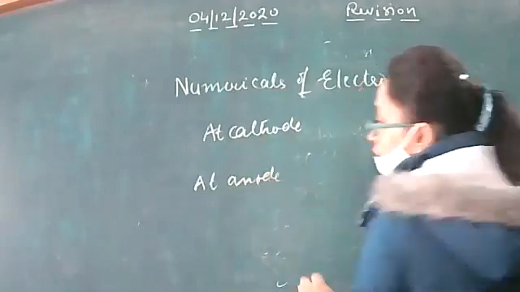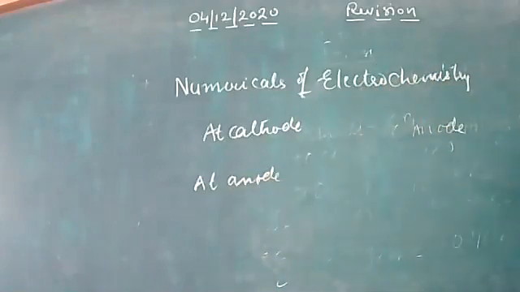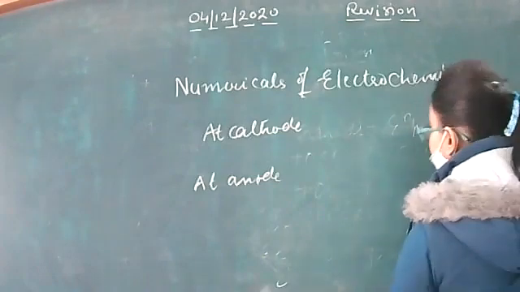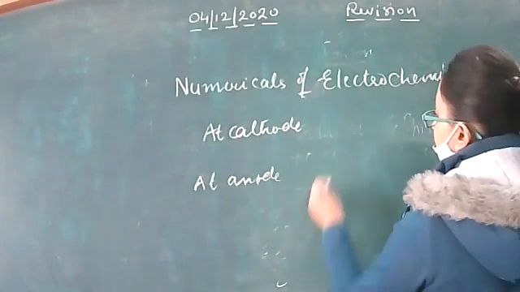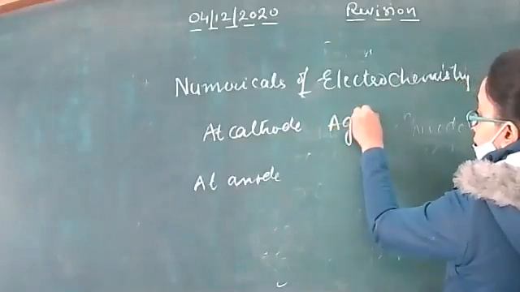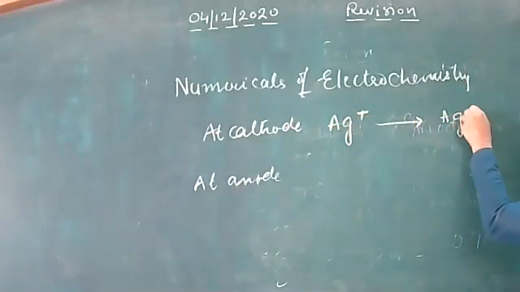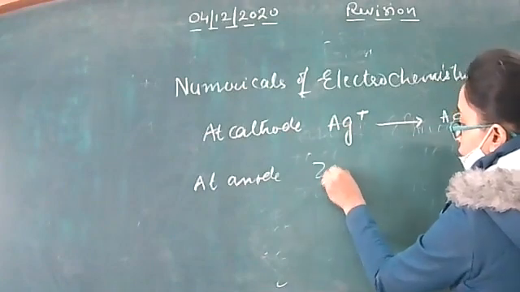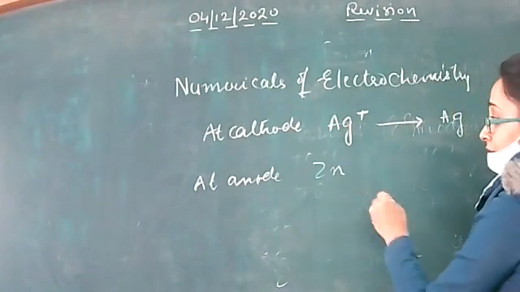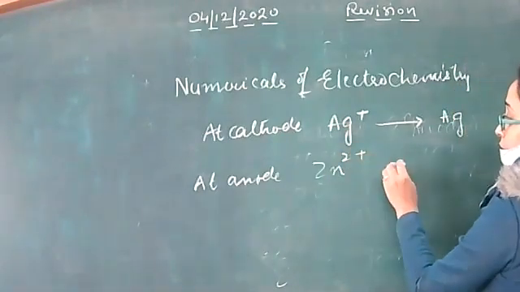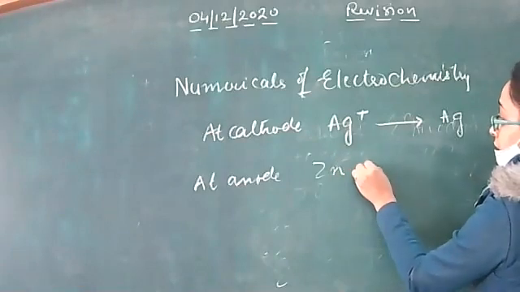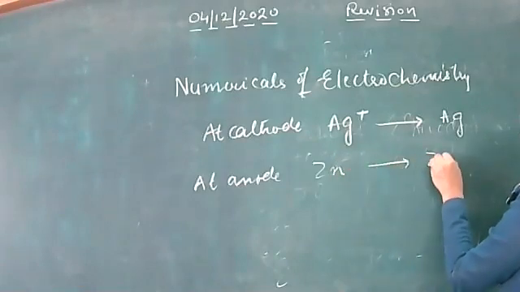Our cathode, that is silver, Ag+ will change into Ag because it is our cathode. At anode, there is oxidation, meaning zinc will change into Zn2+.